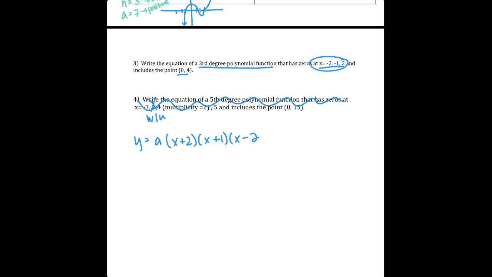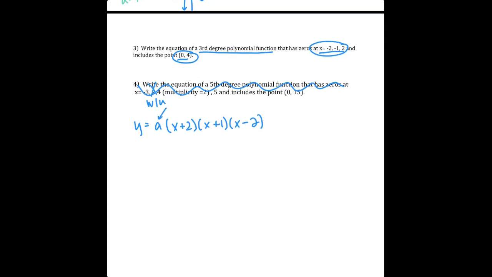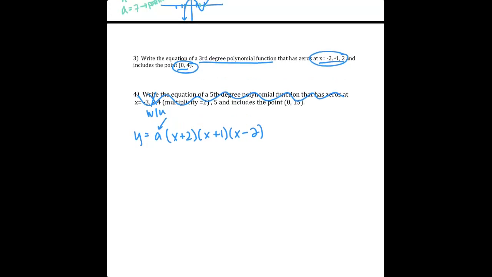So the opposite of each of these roots. And it goes through the point (0, 4). So how do I find my exact a value? Well, I'm going to plug in my point (0, 4). So x is my 0 and y is my 4.